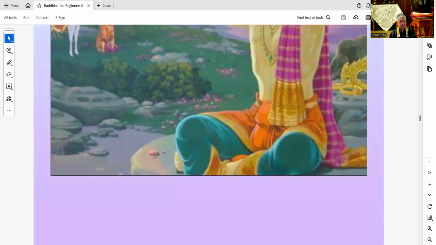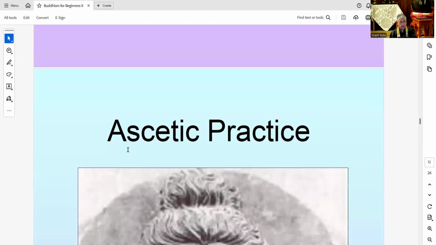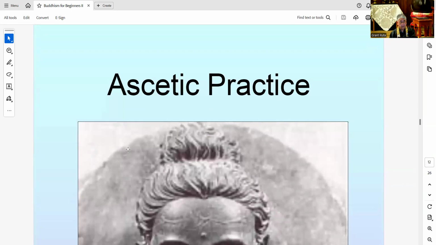And it is said that he then goes in search of the truth. He begins actually by seeking out many great teachers throughout the land, throughout the kingdom. And although they had many good ideas, he was not completely satisfied by any of them.